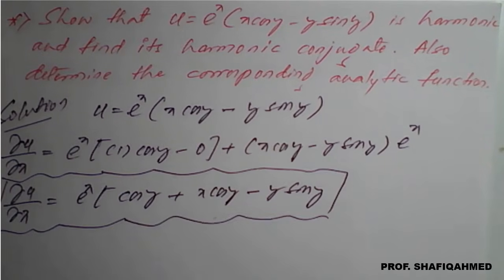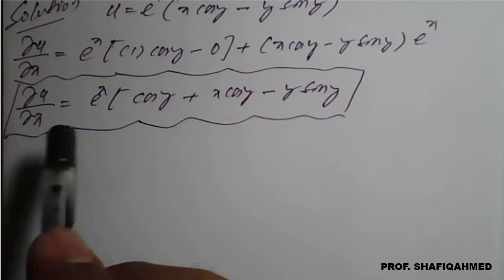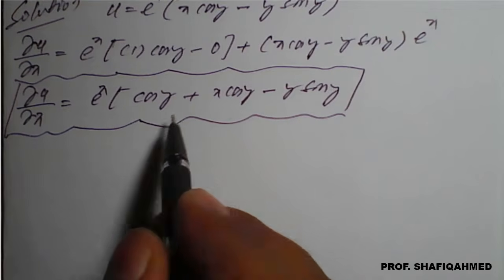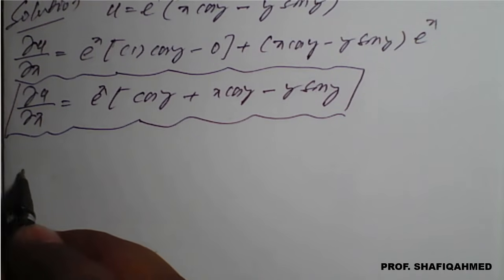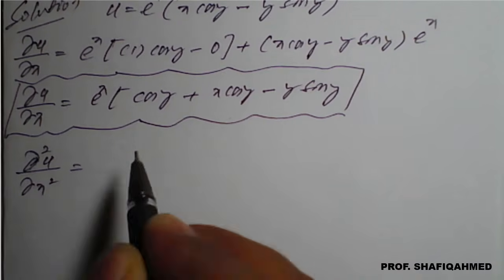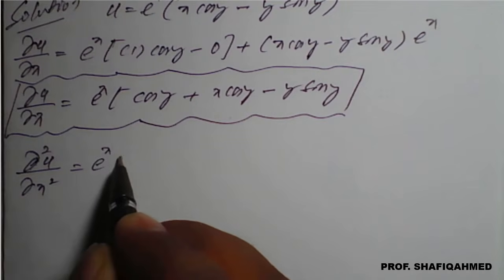So once we get dou u by dou x, now again we'll differentiate this once again with respect to x partially. So we'll get the double derivative, dou square u upon dou x square, is equal to, again the product formula: keep e raised to x as it is.